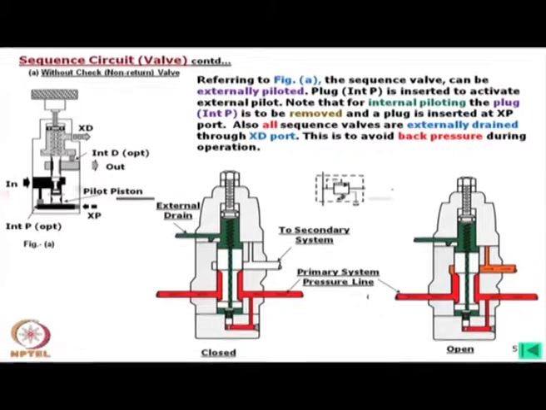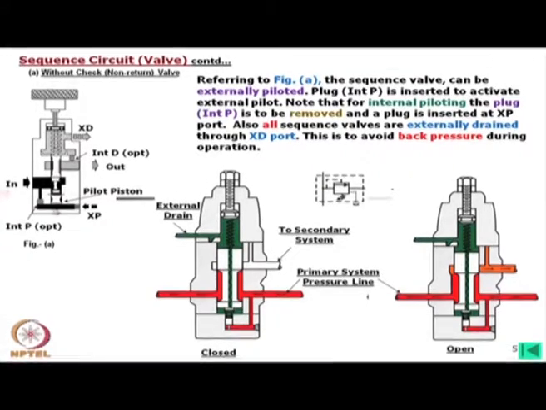Now, this is only in one direction, so without a check valve, it will operate only in one direction. Now, if I want to operate this with internal piloting, in that case we have to plug this one and open this one.